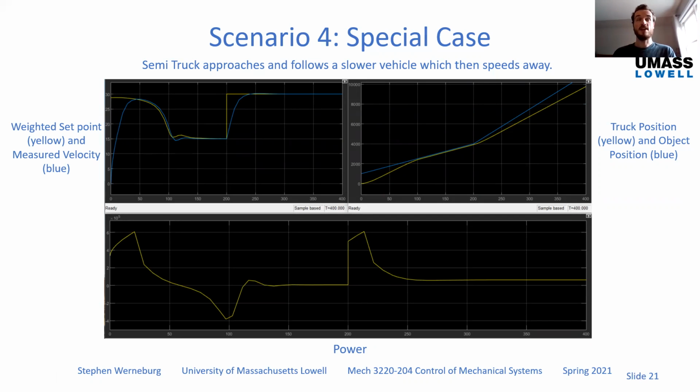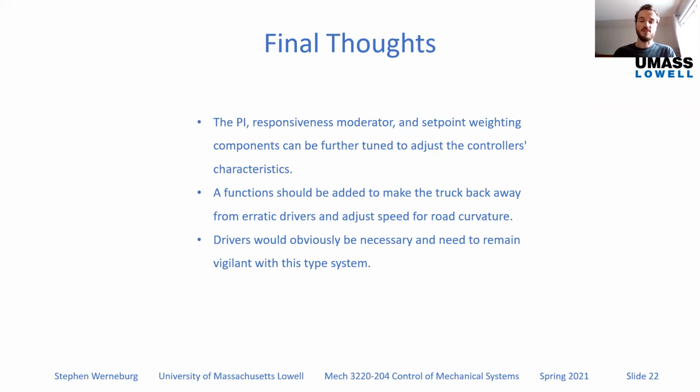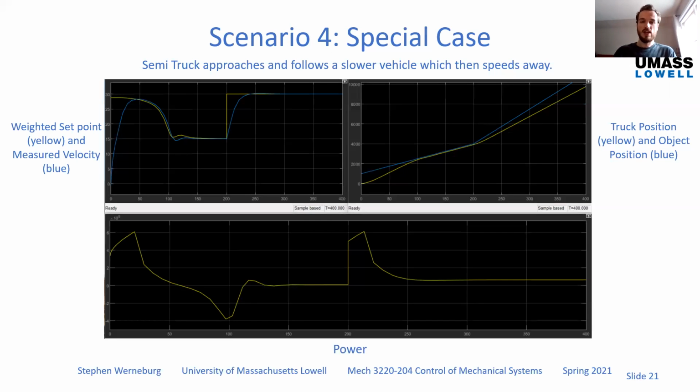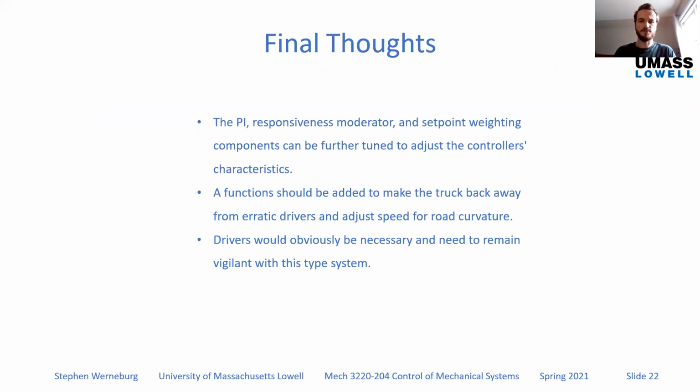So if the vehicle was slow and pulled away, the truck would just follow it and actually exceed the truck's given set point. So I had to say, if the vehicle is close to you, but it exceeds your set point, we'll just stop at the set point and take your given set point. That's an important feature, to not be speeding away behind vehicles.